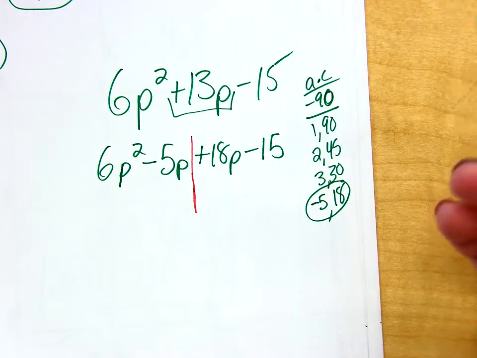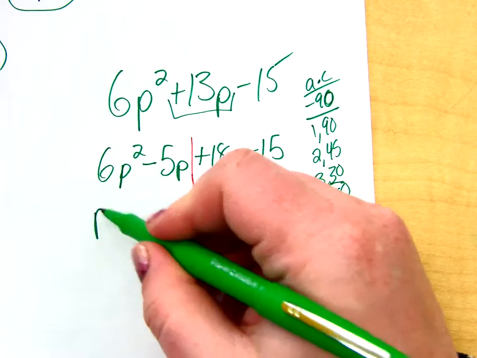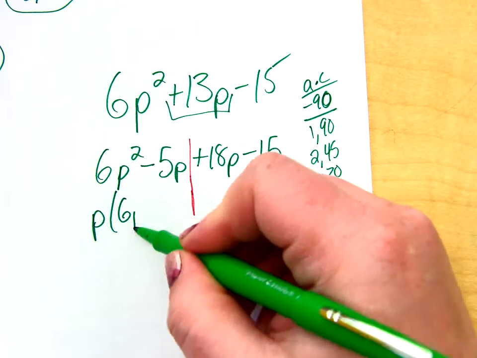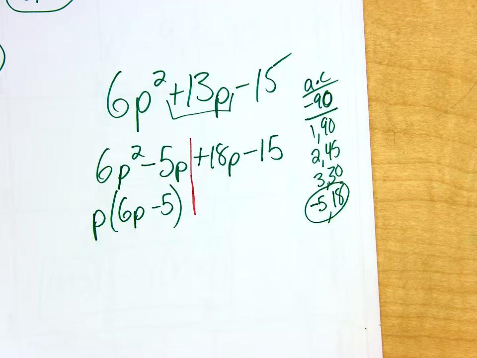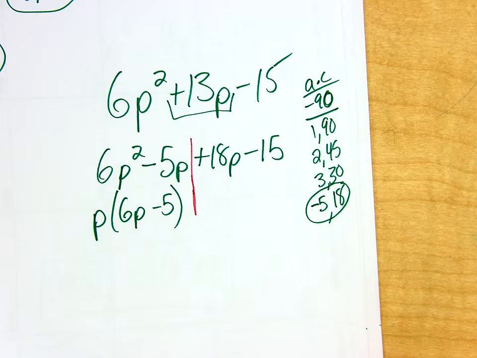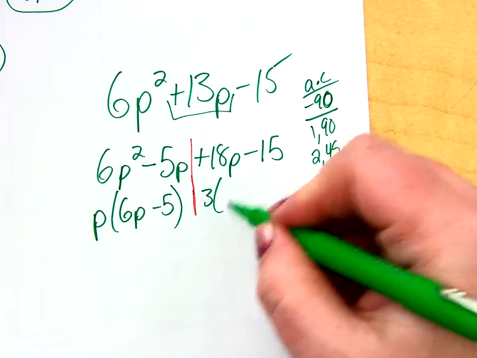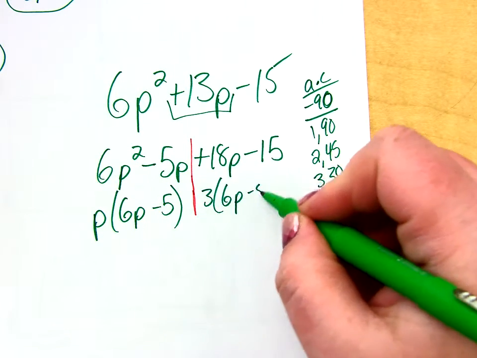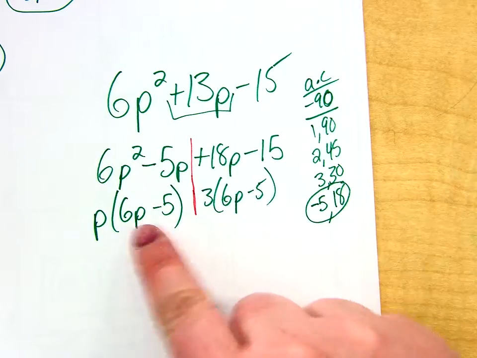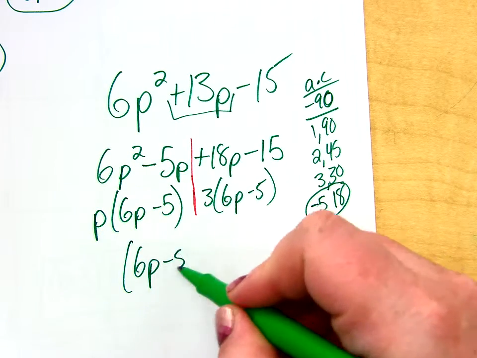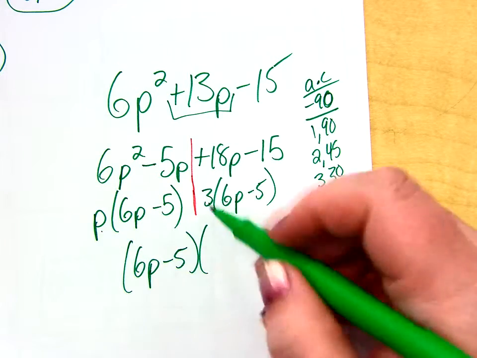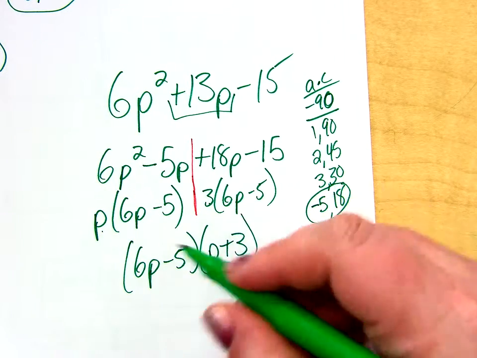Because I can't take anything out of 6 and 5, but I can take out a p. So that would leave me with 6p minus 5, right? How about on the right, what can I take out? 3. And that would leave me with 6p minus 5. So my parentheses match. That's one of my factors. And the other is what's out in front, p plus 3. You're done.